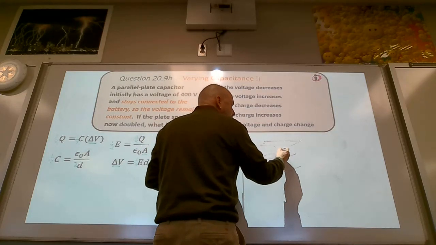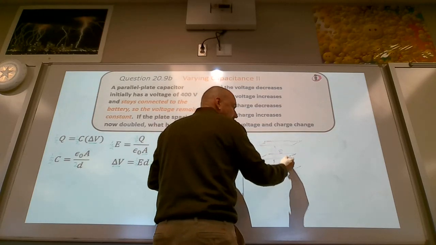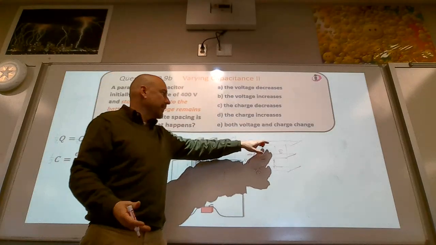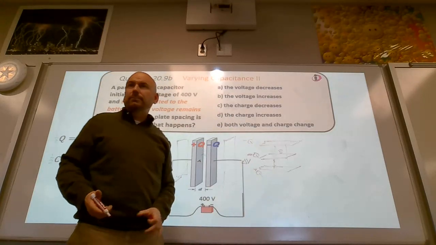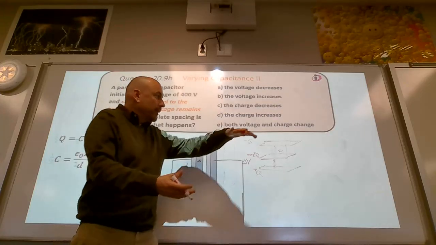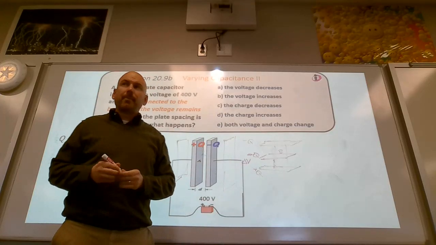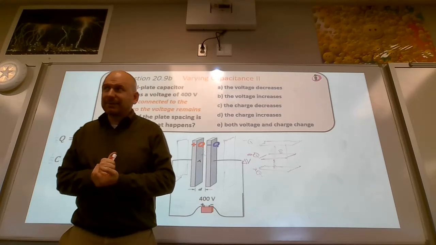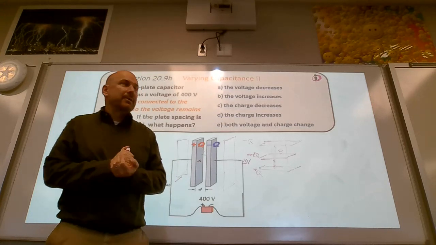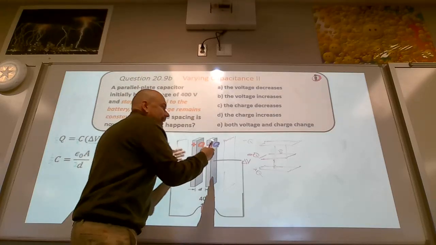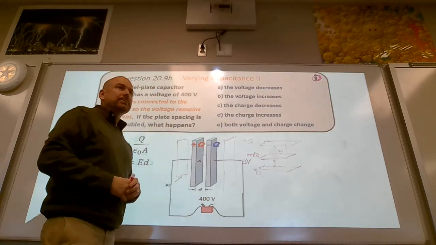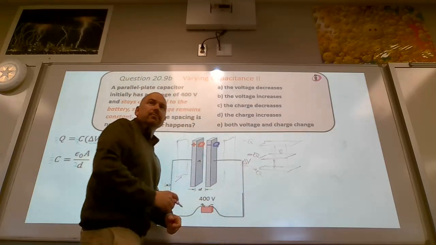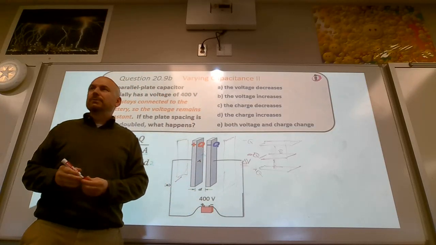Because the electric field in between is constant regardless of the gap. It depends on the charge on the plate. So how would you increase the amount of potential energy? Okay, staying connected to the battery, I know I'm fixing the voltage. That can't be changed.